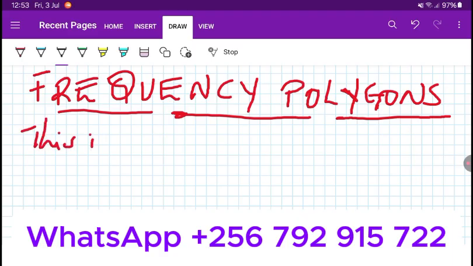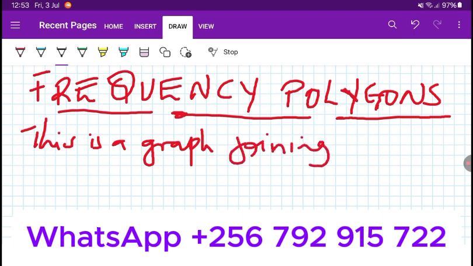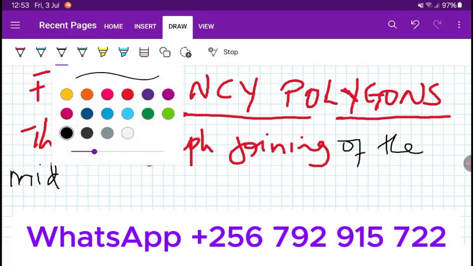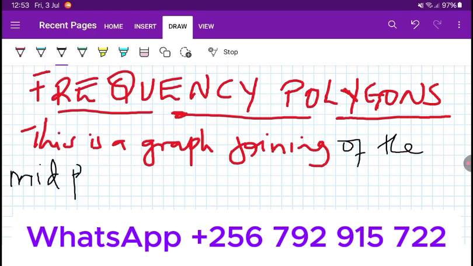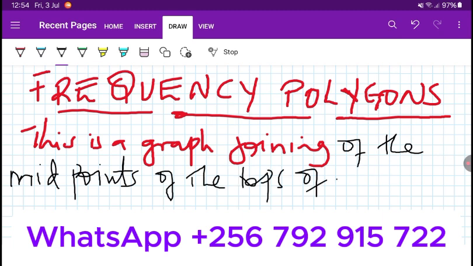This is a graph joining the midpoints of the tops of the adjoining bars.